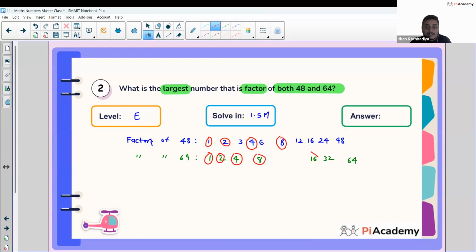And then you have the common number 16. But after 16, there is nothing common, okay? So as for the question, what are we looking for? We are looking for the largest number that is common in both of them, okay? So the HCF, or you can say the answer of this question, is going to be 16, okay?